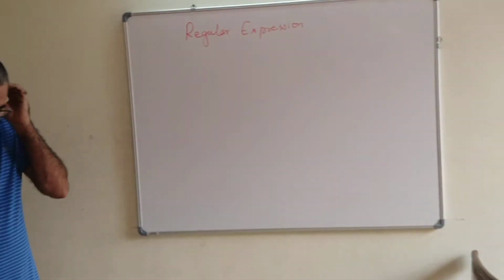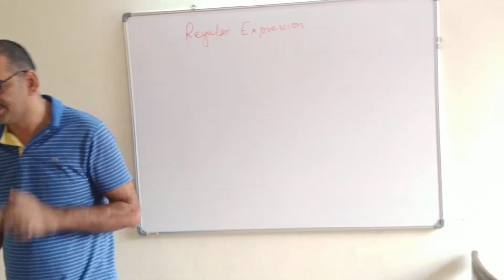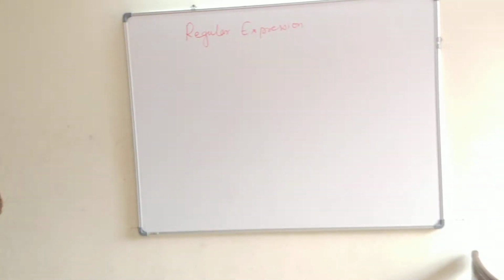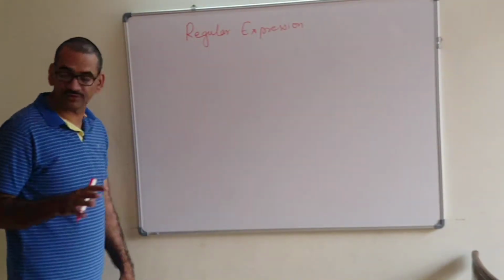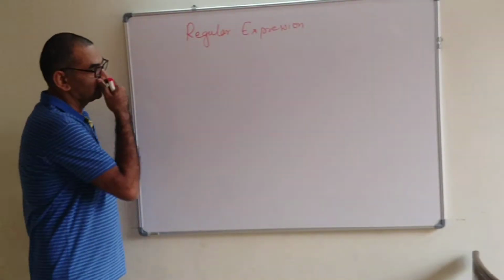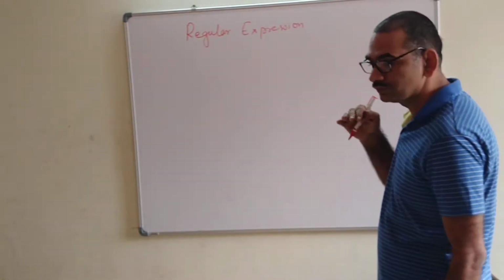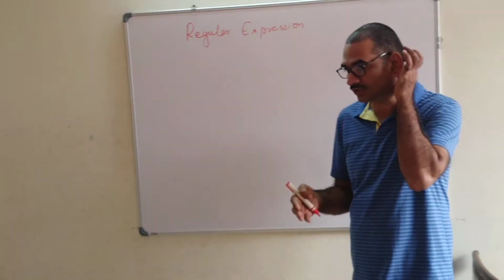First I'll give you an example, and then we will go over the rules. For example, you want to search for a mobile number. To do that, you first need to understand the command you are going to use.